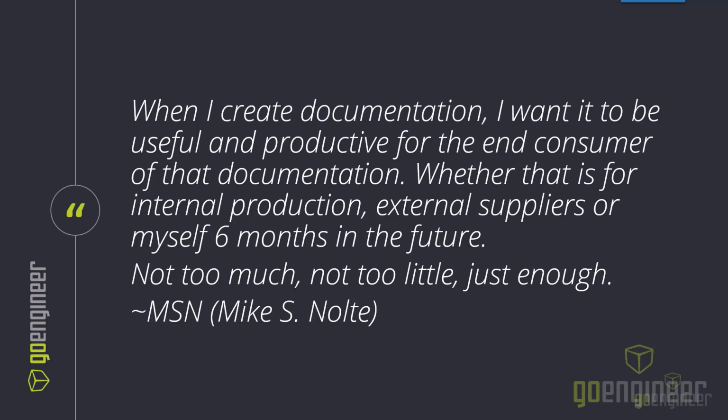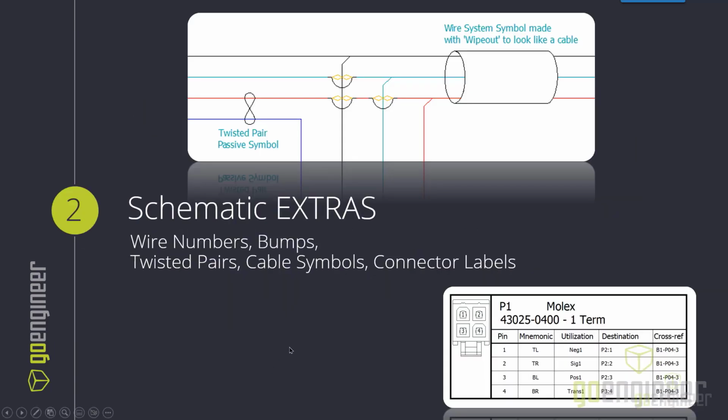If you provide them just enough information that they get what they need to do, they don't have to continue coming back and asking for details. If you overdo it, it can be just as bad. So something to take to heart when you're creating documentation here. Before we dive into the creation of a harness itself, we're going to throw some extra stuff on here.